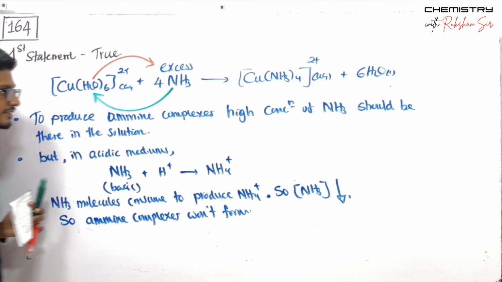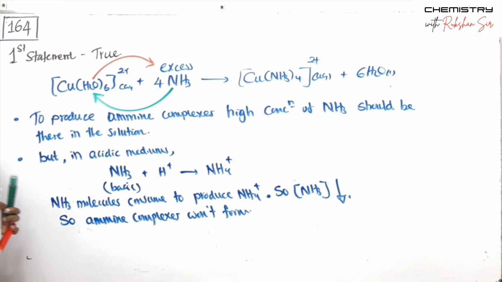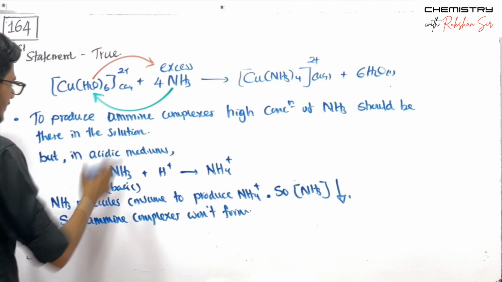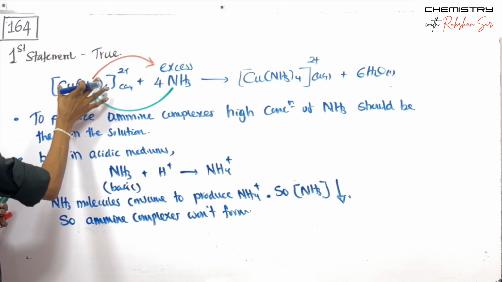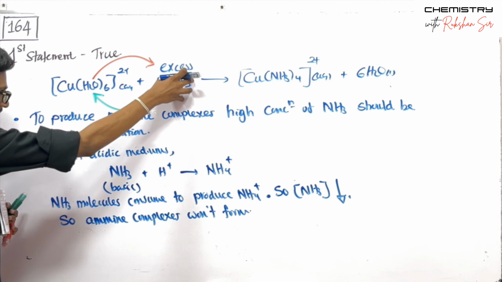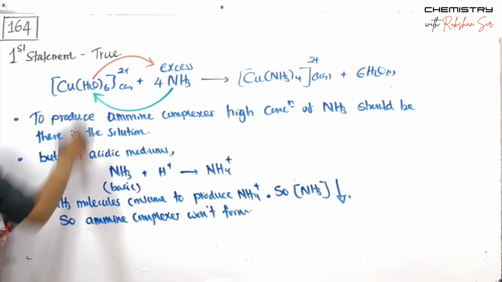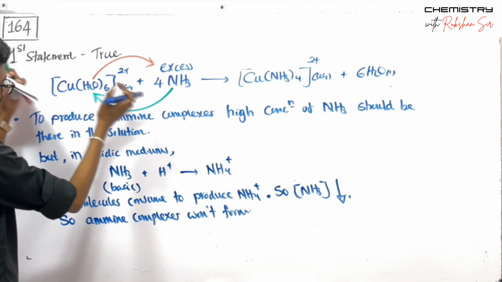Or the amine ligands inside the sphere start to come outside when the NH3 pressure drops, right? To move these NH3 guys inside the complex, you should have some greater pressure around the complex.